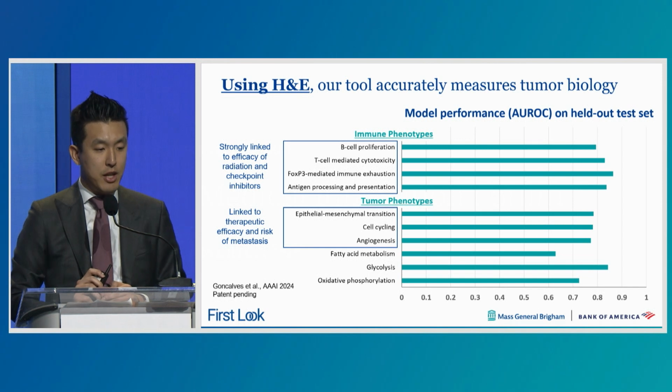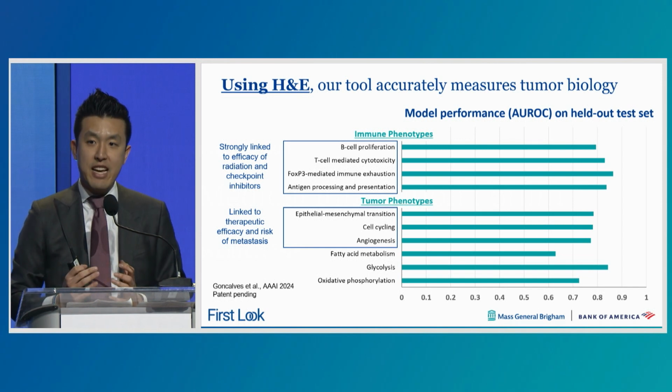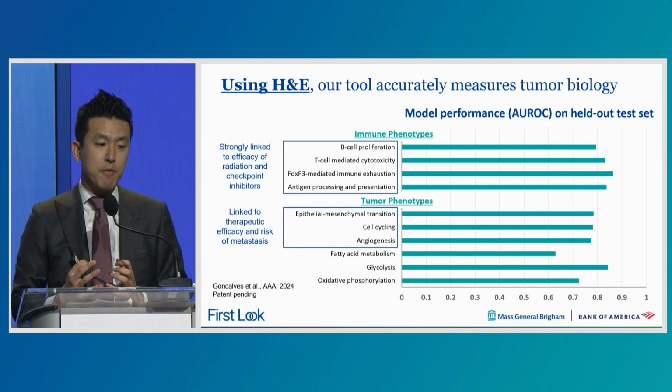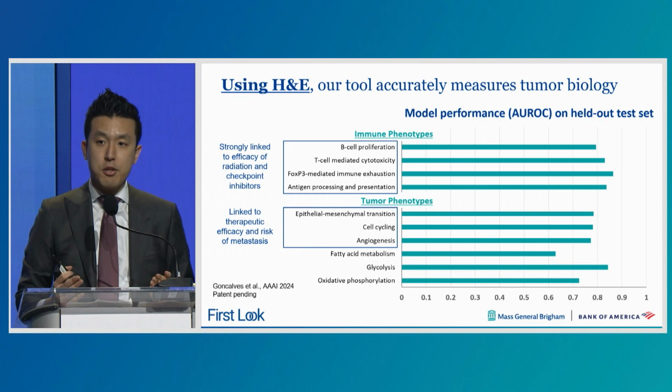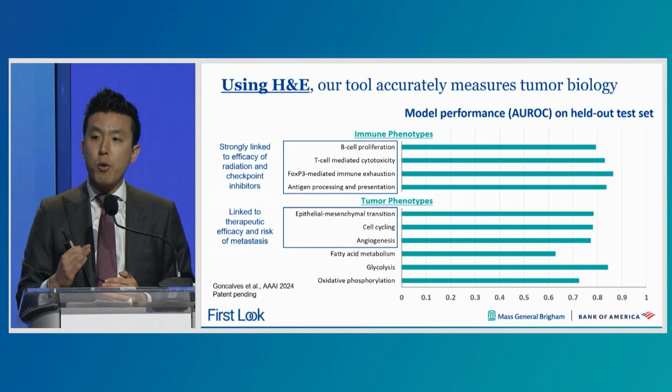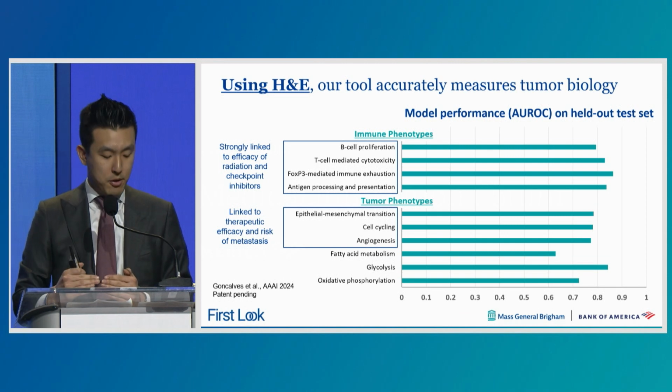So using H&E, our model has been able to predict 10 different aspects of the tumor microenvironment, including immune, tumor, and metabolic pathways, to reasonable accuracy. Importantly, this is a task that pathologists are unable to do right now in current clinical workflows.